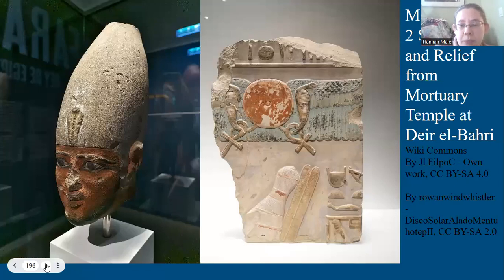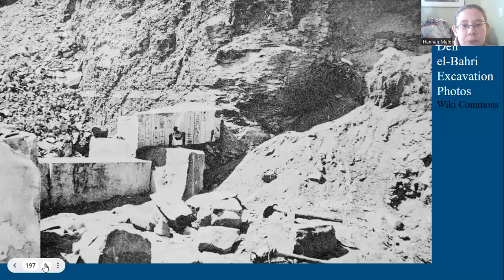These are other reliefs, or parts of statues of him, that were once within that mortuary temple structure but are now in different museums. This is one of the original excavation photos from Deir el-Bahari.